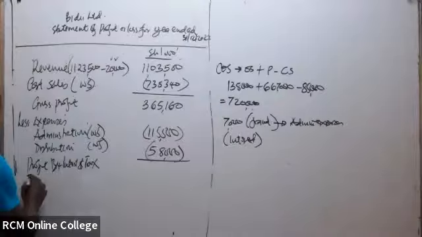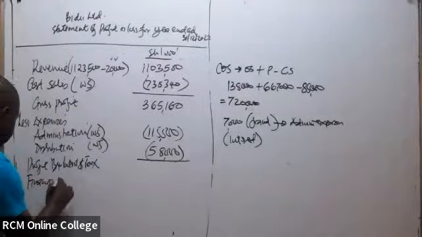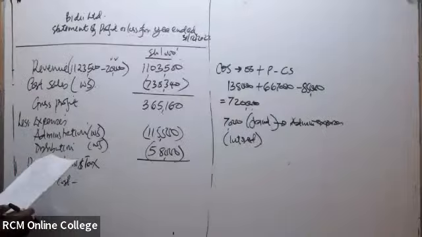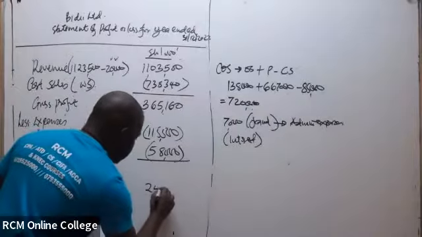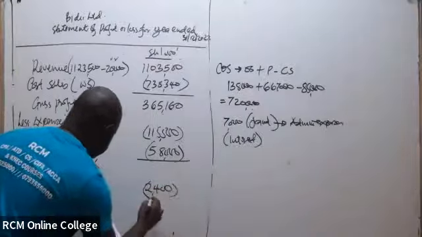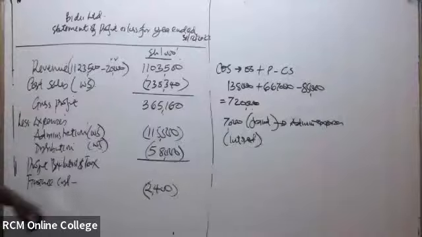Then in this case, of course, you can now put the finance costs, where we have bank interest of 2,400,000. That becomes our finance cost. So how much are you having to get?